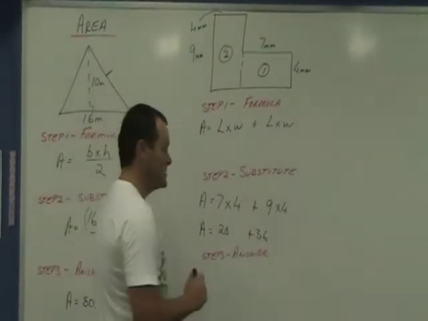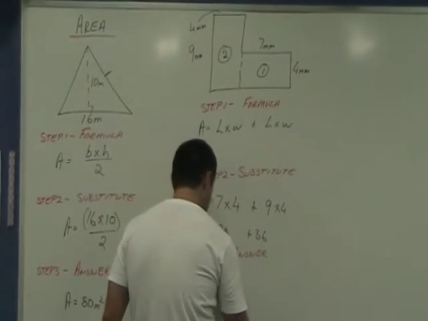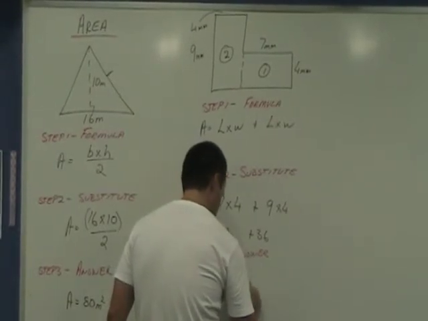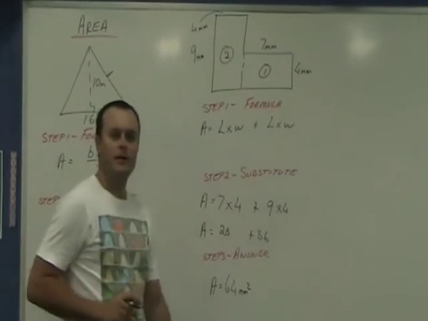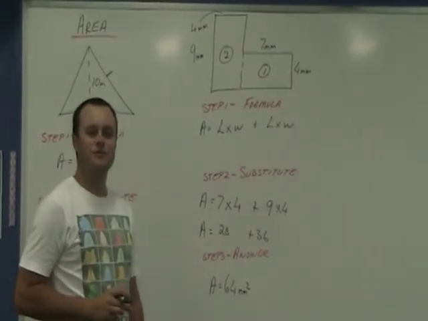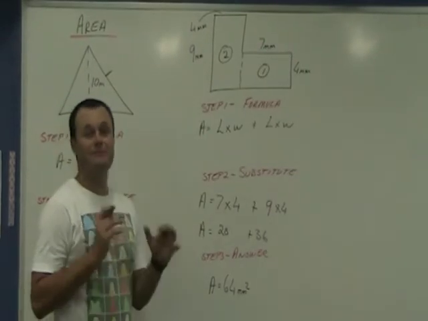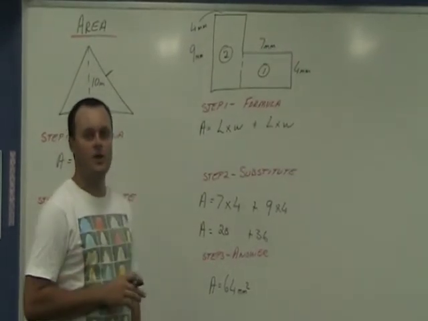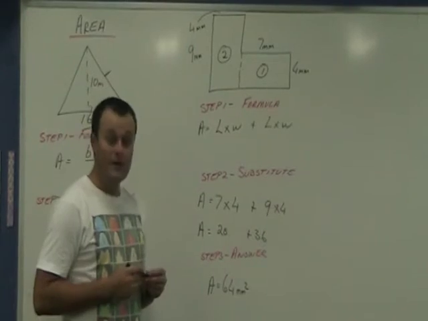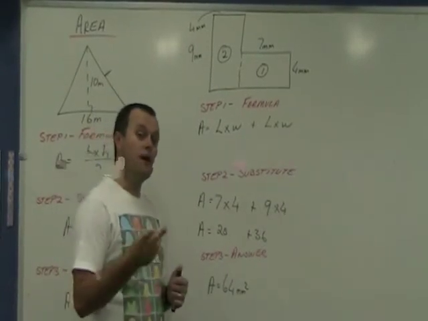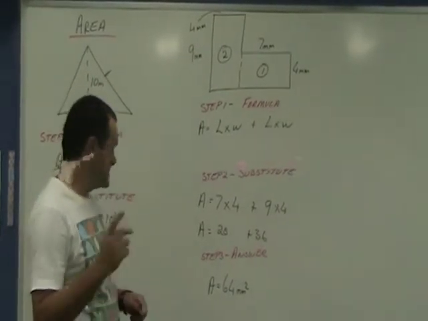If I add those two together, I get an area of 64 square millimetres. Nice and simple. So when you get composite shapes, break them up into the ones that you know. Let's do 2 practices. You go away, have a go, and we'll come back and look at the answers.